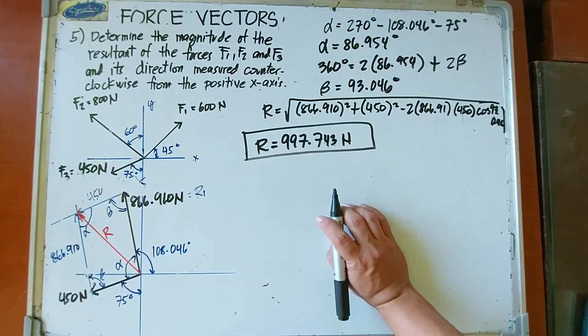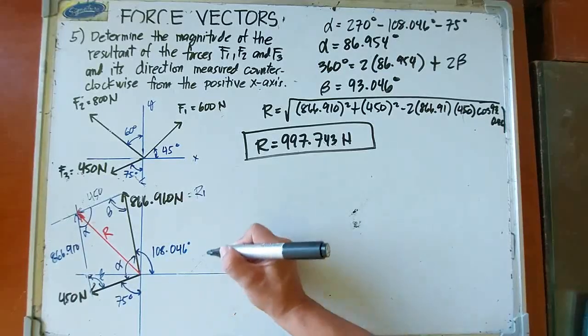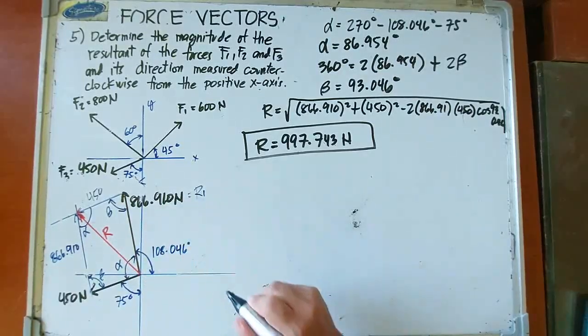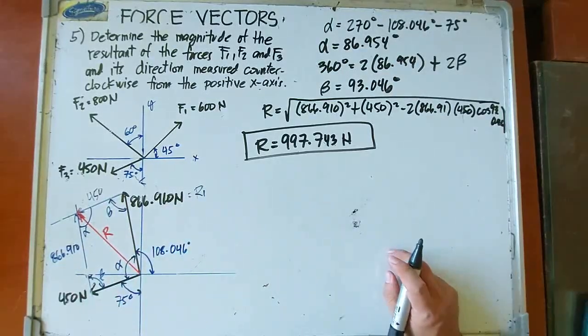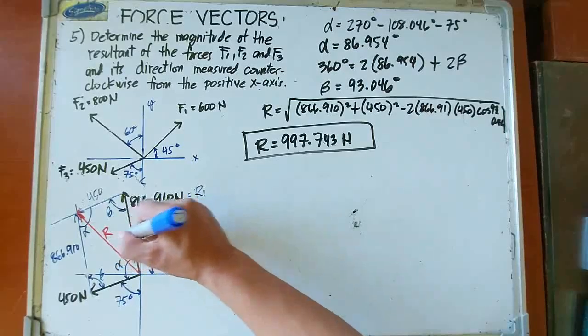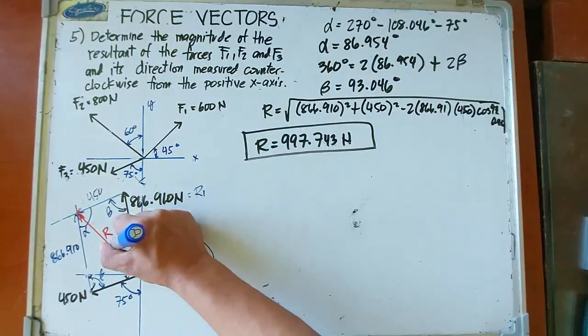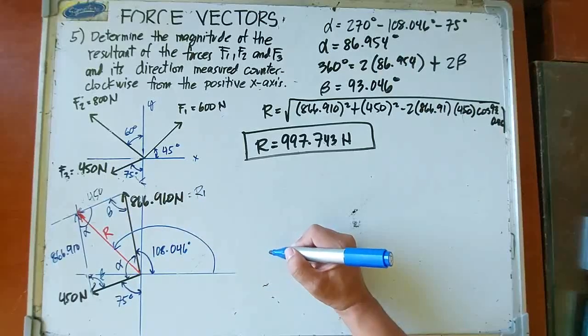Okay? So next is to solve for, we're also required to solve for the direction of the resultant from the positive x axis measured counterclockwise from the positive x axis. So saan ba yung angle na yan? So we can use this figure. Eto. Okay.